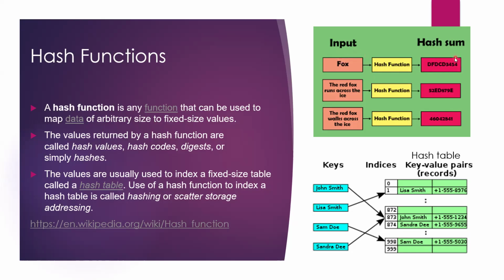But all the hash sums are of fixed size, so they are pretty much consistent. So we're turning something that is variable in size and type into something that is fixed in size and type.